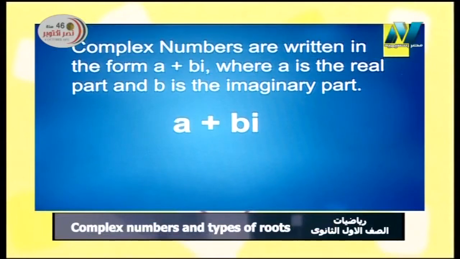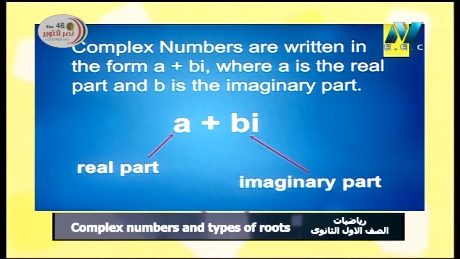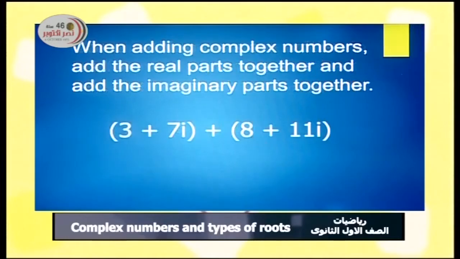A plus bi. A is a real number, b is an imaginary number or part, and when adding complex numbers, add the real parts together and add the imaginary parts together.